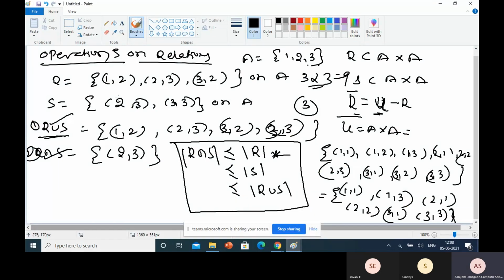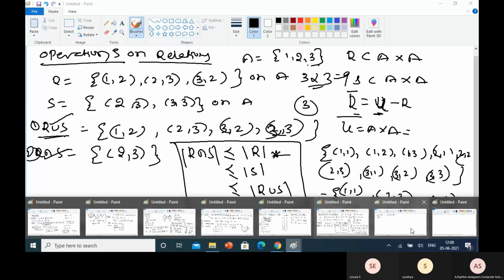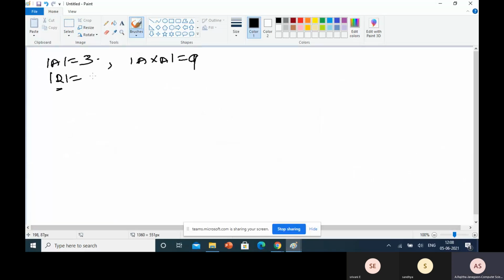Here 1 2 3, 3 ordered pairs are there, so the cardinality of R equals 3. The cardinality of the complement of R equals the cardinality of A cross A minus the cardinality of R.